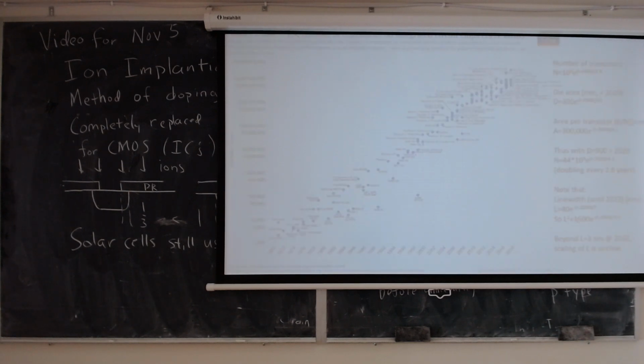The other thing is that the area in terms of L squared required per transistor has been going down, with a time constant of around 7 years. But the other thing is the die area has been going up.